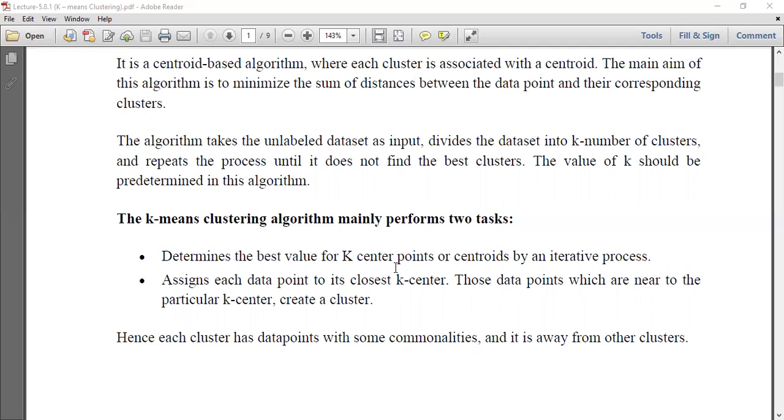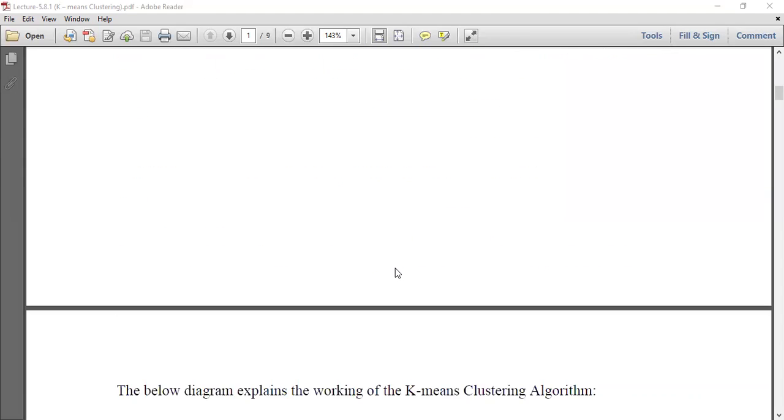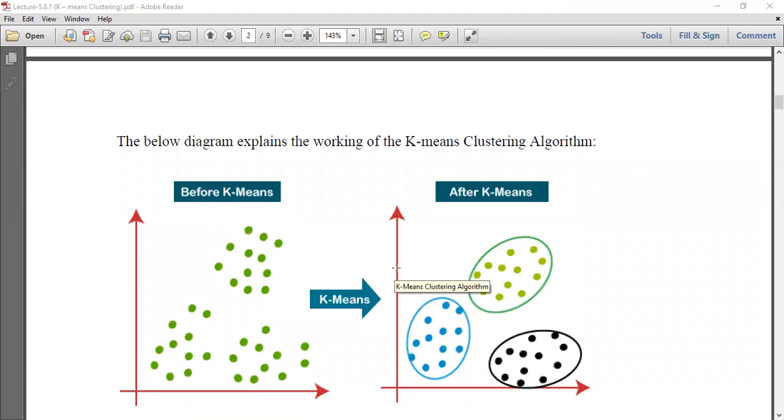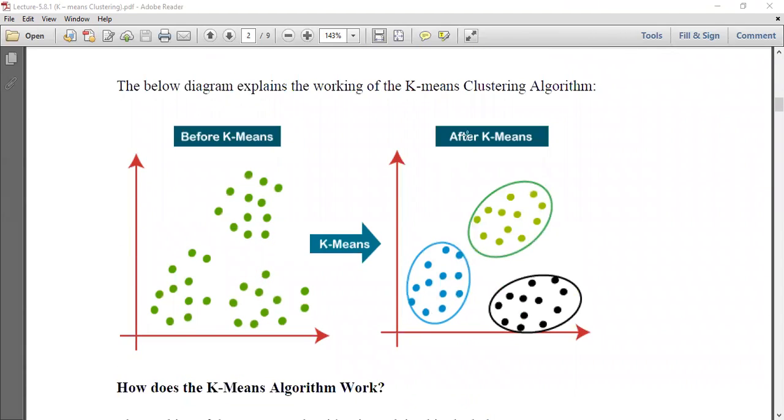Hence, each cluster has data points with some commonalities and is away from other clusters. So this is the diagram of K-means clustering. This is the raw data before K-means, and after implementing the K-means algorithm, we convert it into 3 clusters.